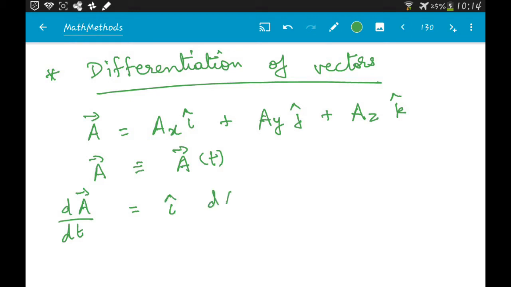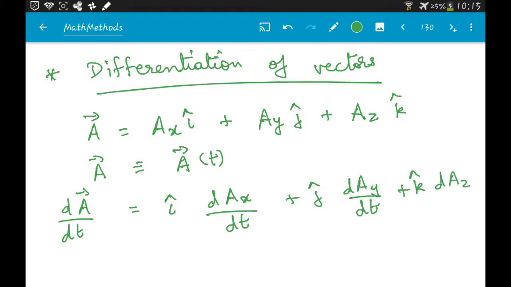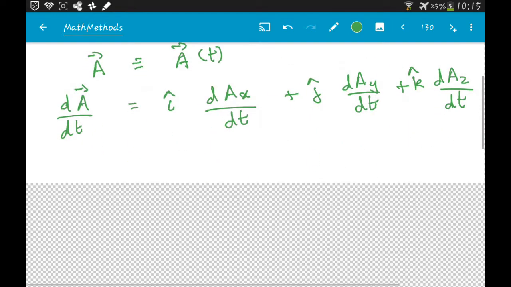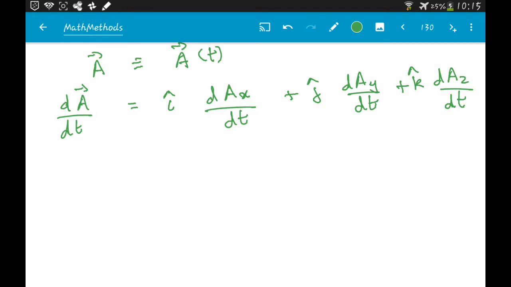So you will do i into dAX by dt plus j into dAY by dt plus k into dAZ by dt. This is what you will do. So it follows all the general rules of differentiation. There is no issue over there.